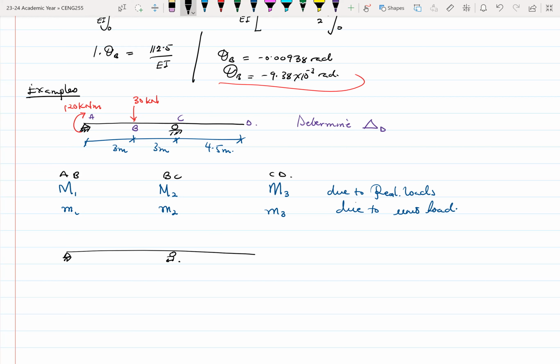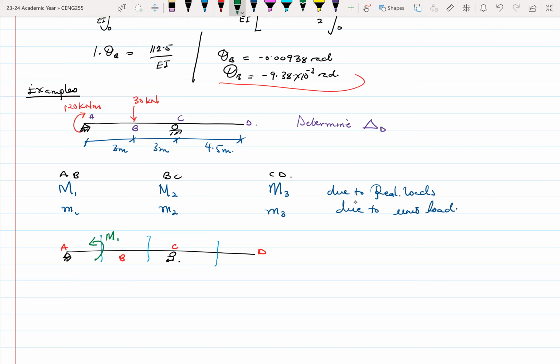So this is what we have, and I have my A, B, C, and D. You take a section between A and B, a section between B and C, and a section between C and D. The section between A and B will help you find M1.